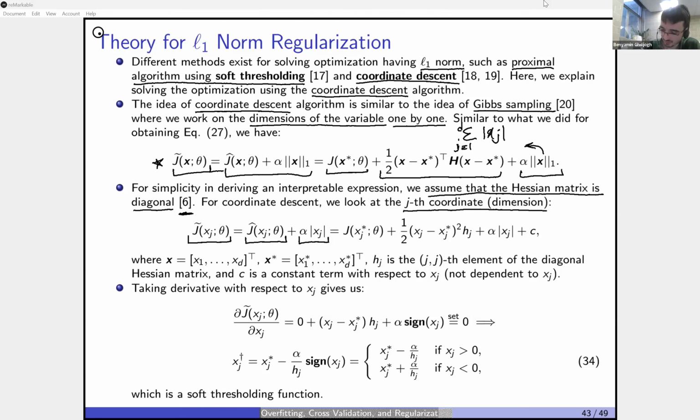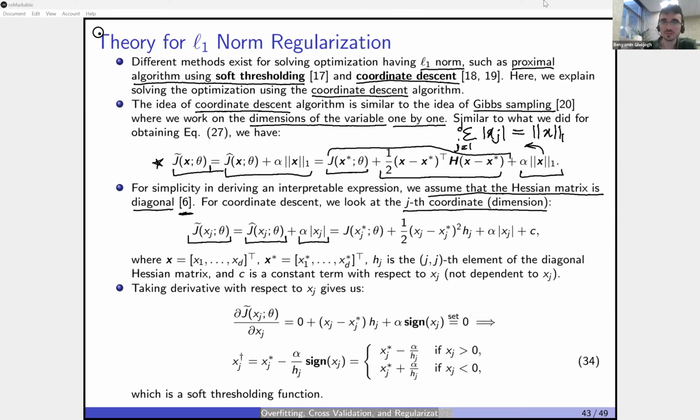This is the definition of the L1 norm. For more information, you can see the preliminaries in my courses. But if you consider only the jth element, the summation goes away and you will have only the absolute value. Now, this is J hat, right?